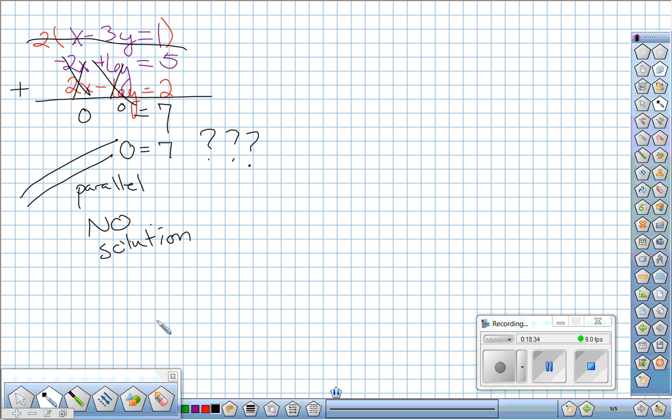Okay, the other thing that can happen is if I give you a totally separate problem: 2x plus 3y equals 6 over 4x plus 6y equals 12.